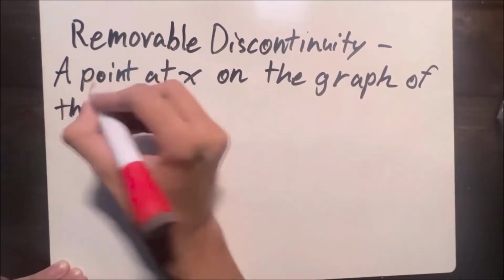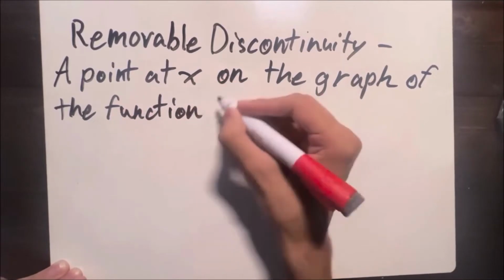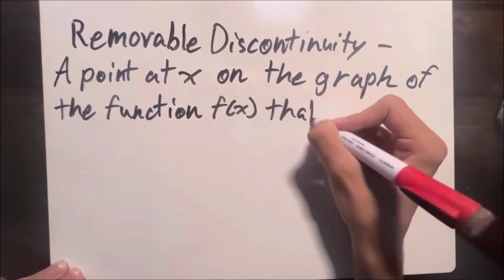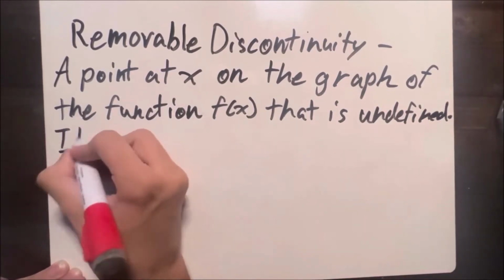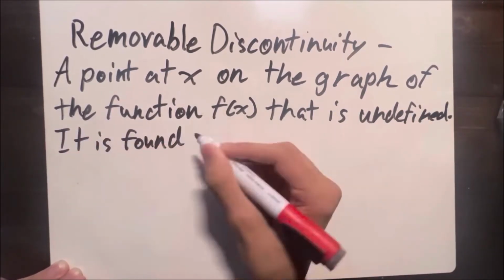A removable discontinuity is a point at x on the graph of the function f of x that is undefined. It can be found at x where f of x equals 0 over 0.